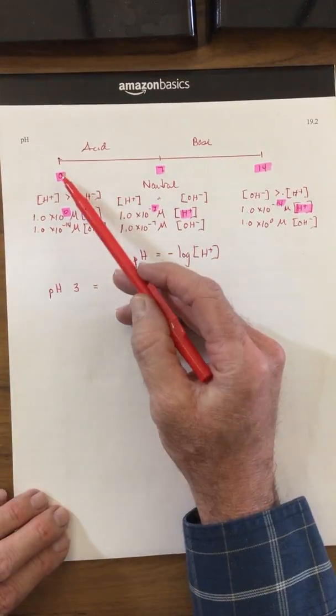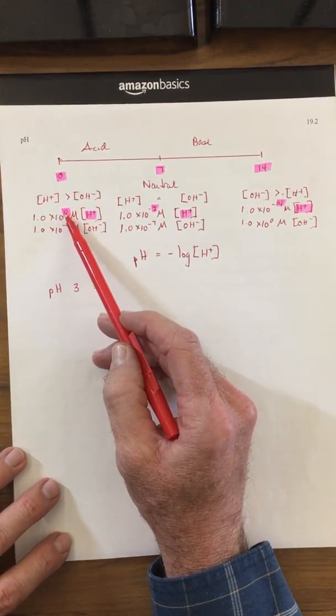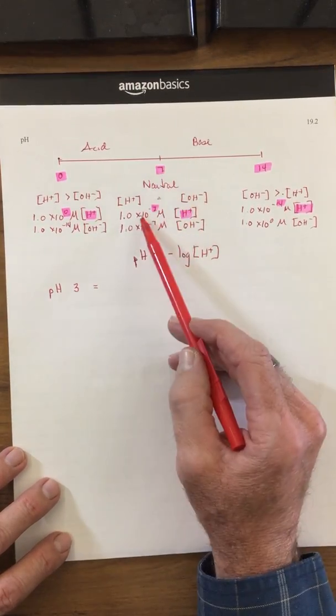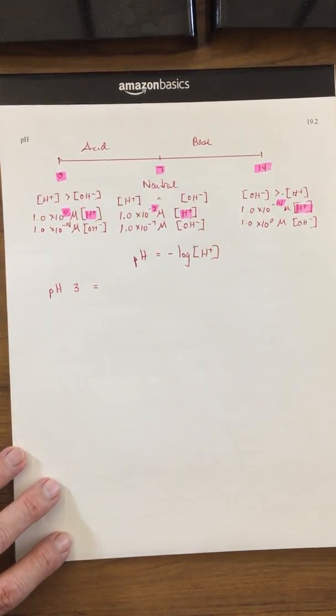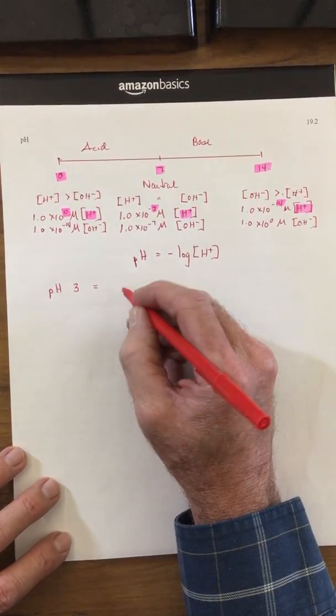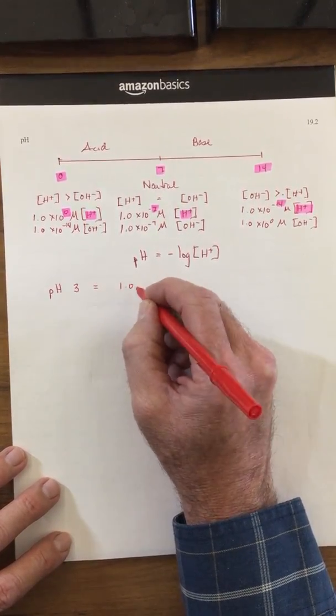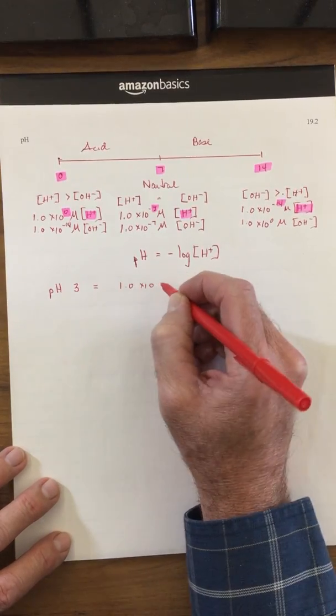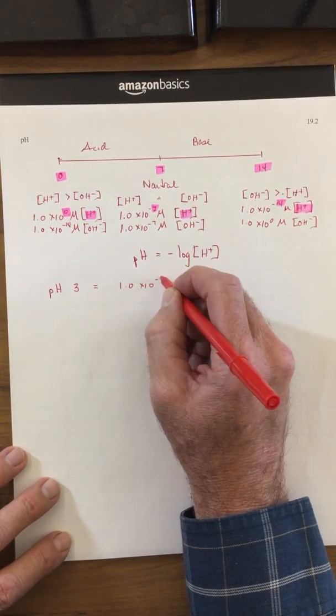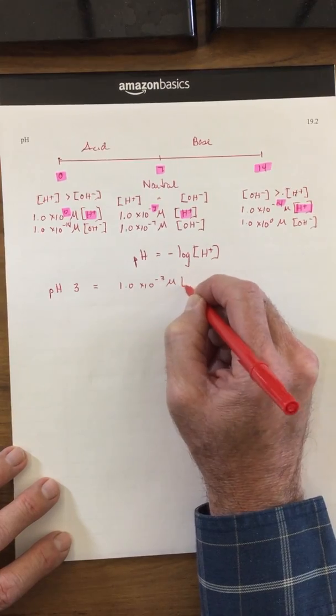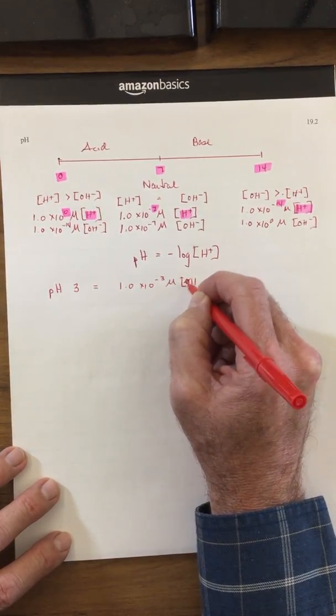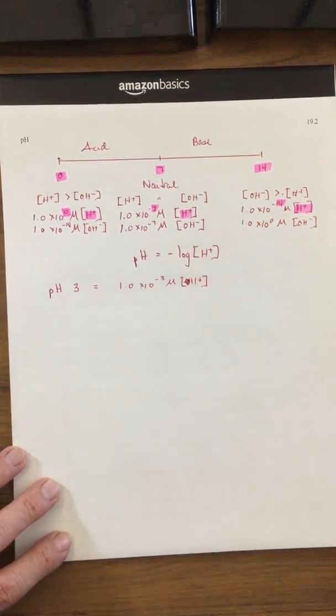If my pH of 0 is 1 times 10 to the 0 molar, and my pH of 7 is 1 times 10 to the minus 7, what is the pH of 3 going to be equal to? It's going to be equal to 1.0 times 10 to the minus 3 molar of the H plus concentration.